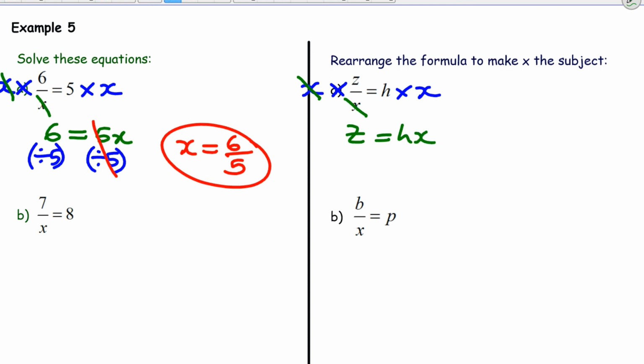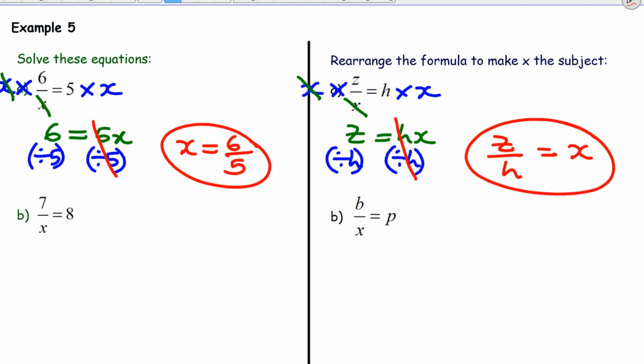The opposite of multiplying by h is dividing by h. So we can divide by h on each side. H divided by h will be 1. So we shall end up with x being equal to z over h.